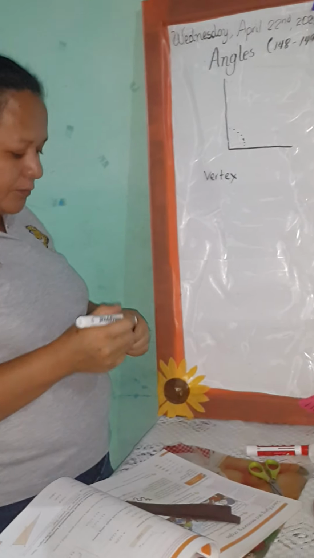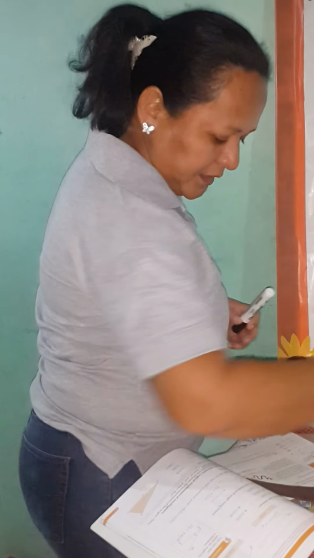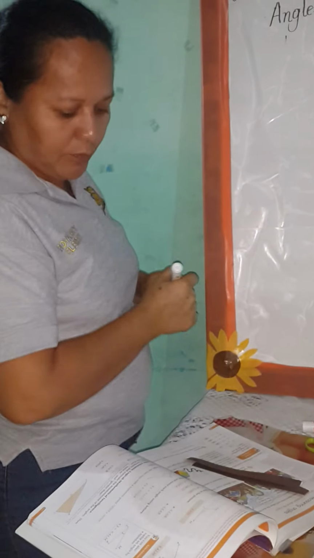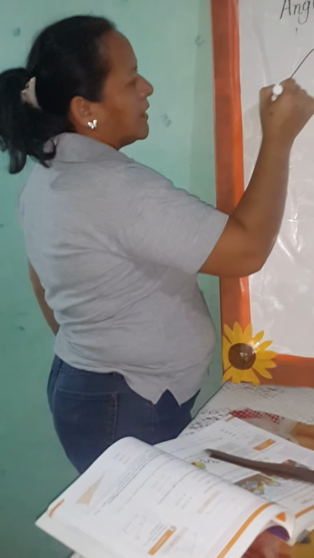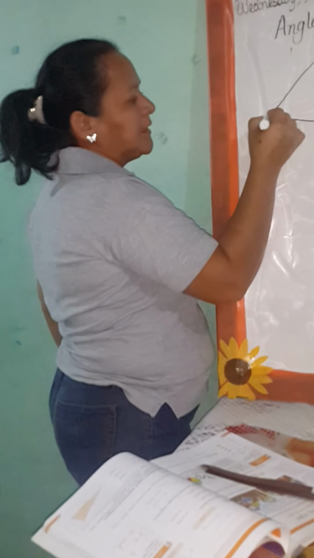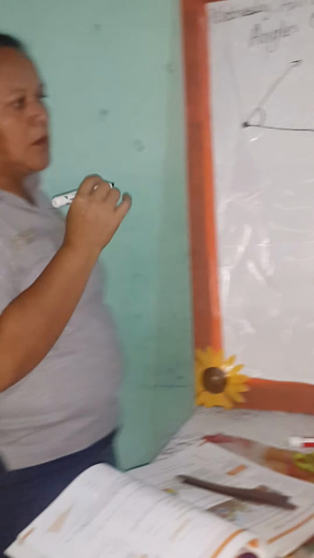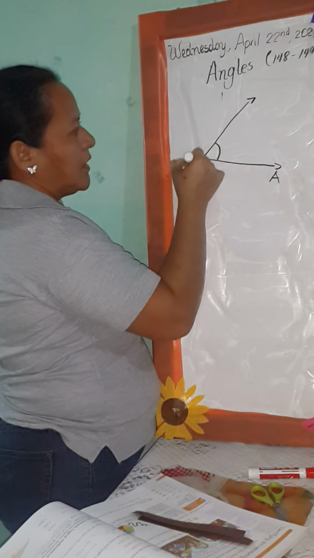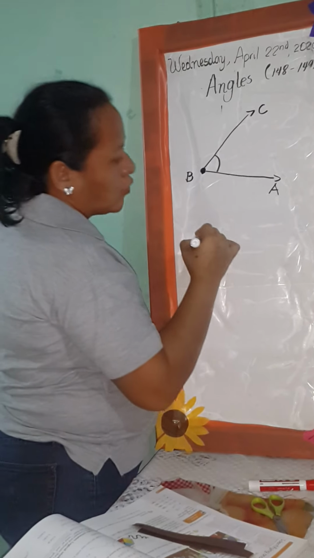In the last class, I explained to you how to read the angles. Do you remember? You can see page 149, where you have different examples of angles. For example, you have this and this, okay? And you identify each one. This is the vertex, and this is the angle. So here is the letter A, this is the letter B, and this is the letter C. Where are you going to start reading the angle?